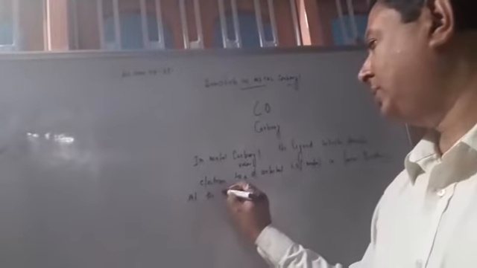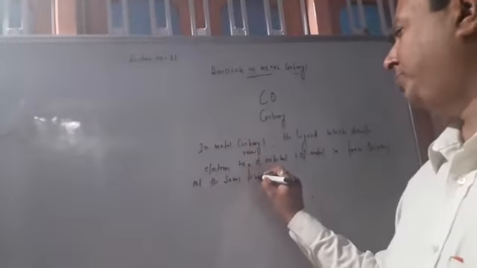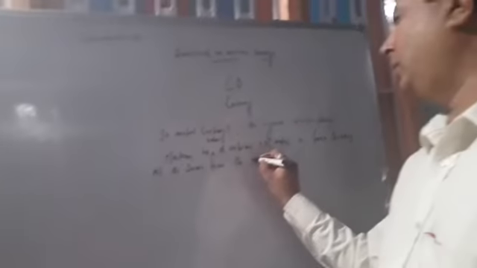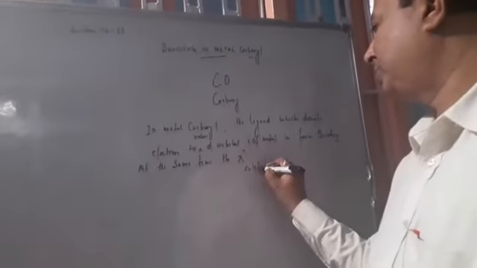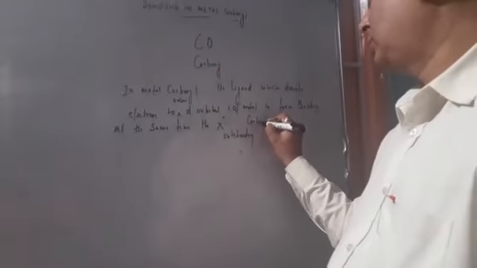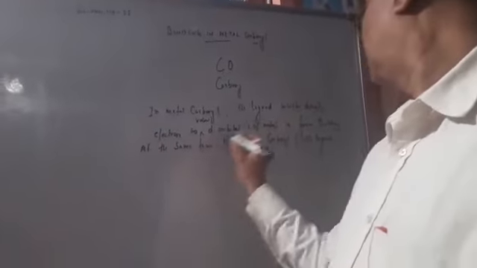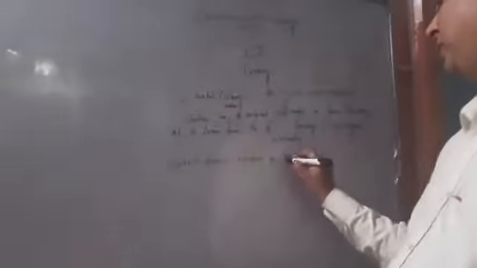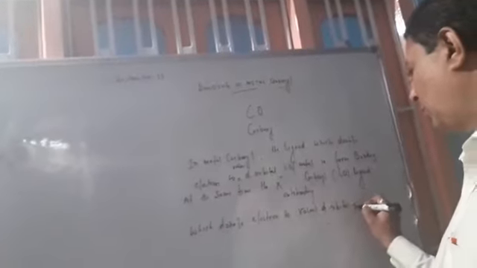At the same time, the pi antibonding orbital of carbonyl, that is the CO ligand, which contains electrons, donates electrons to the vacant d orbital of the metal.